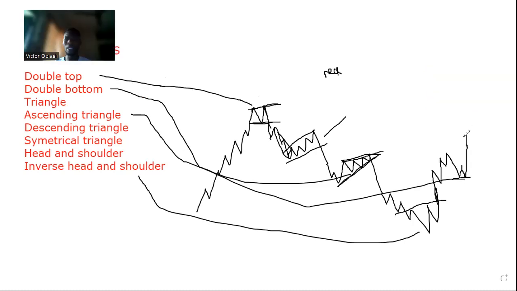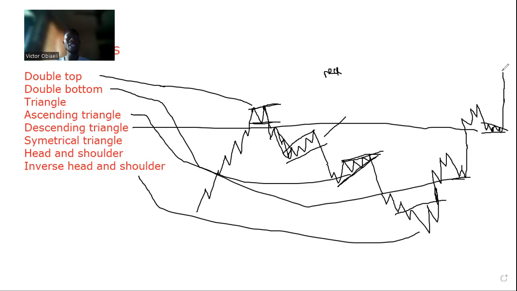The market advances, and we go again. This is what we call a descending triangle, the opposite of what? The ascending triangle. A descending triangle. And the market goes up.